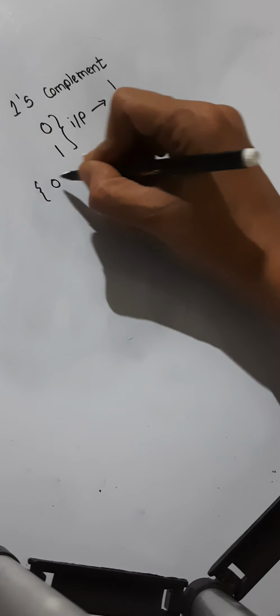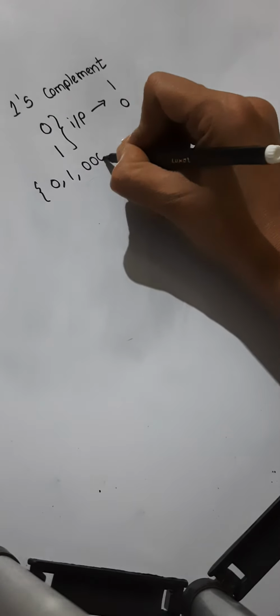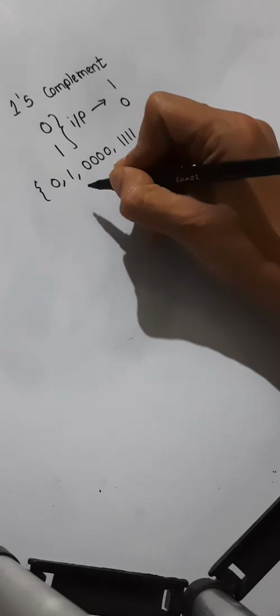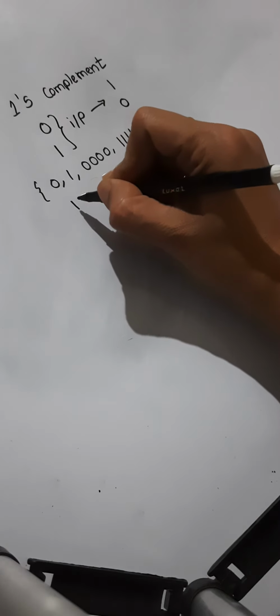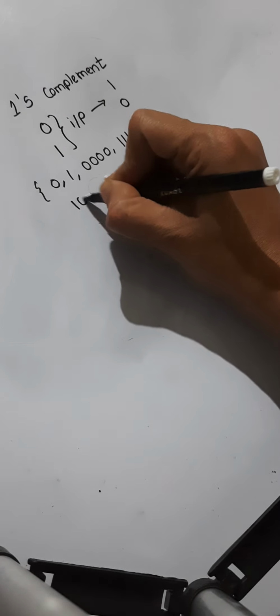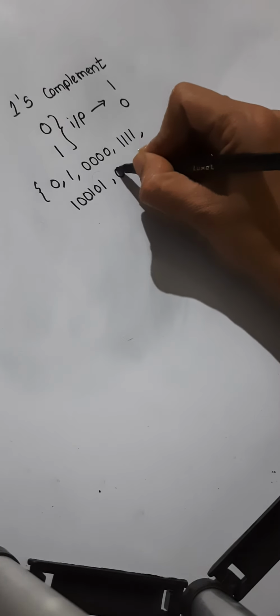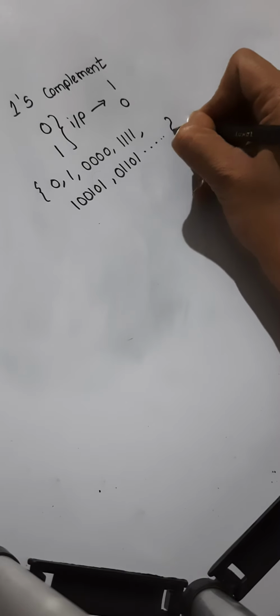Which kind of strings are we going to see? Here it is 0, 1, multiple zeros, multiple 1s. There will be combinations of 0 and 1 which start with 1 0. Next, start with 0 1 1 0 1 and so on.